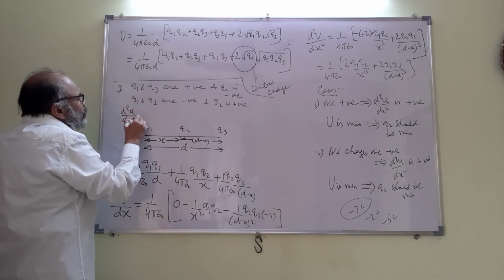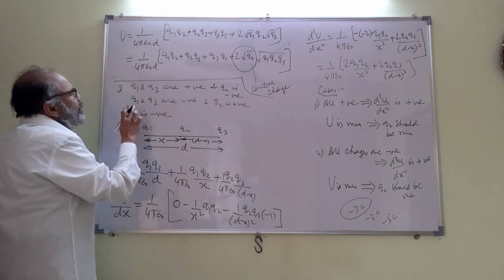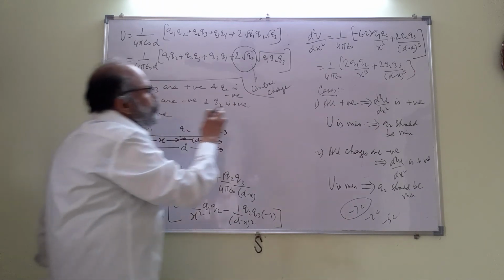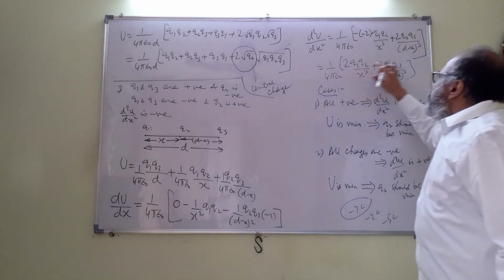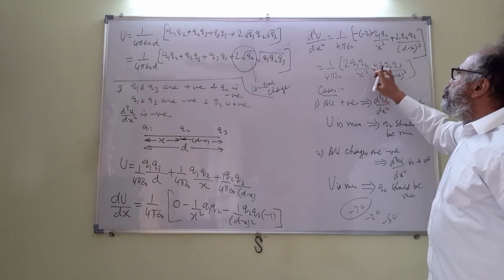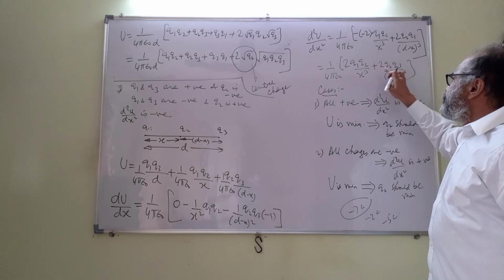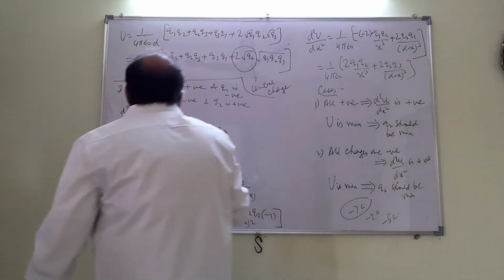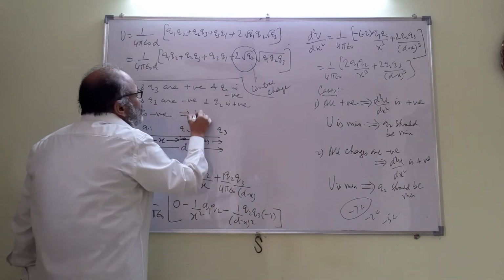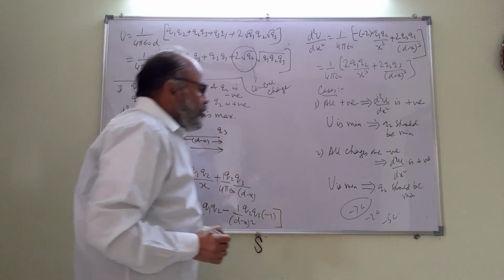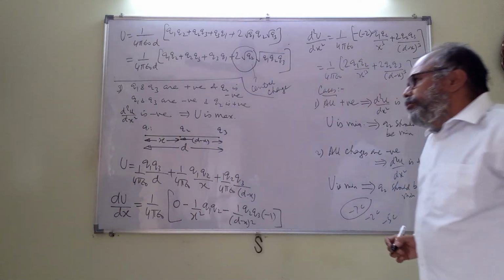Even in the second case, if Q1 and Q3 are negative and Q2 is positive, d2U by dx squared is negative. Therefore, the potential energy is maximum. Yes, the potential energy is maximum.